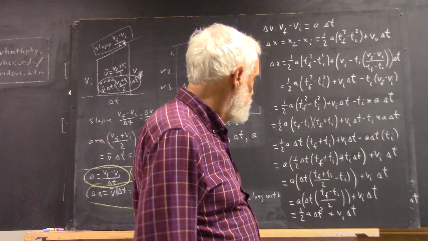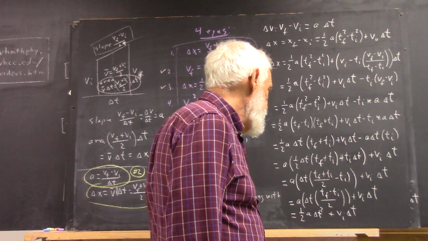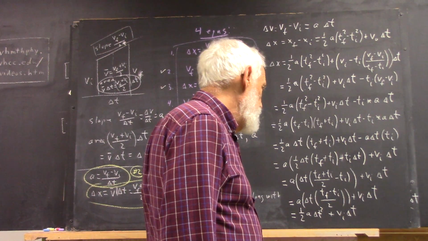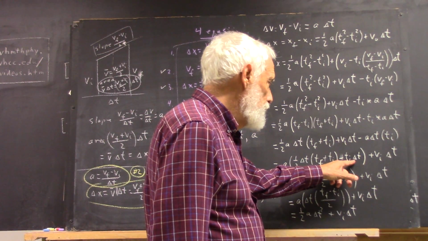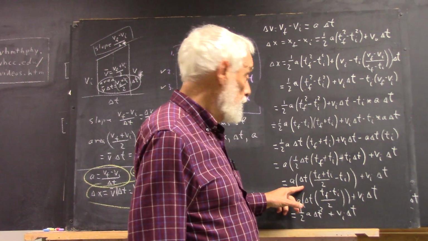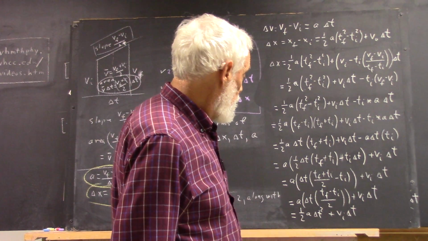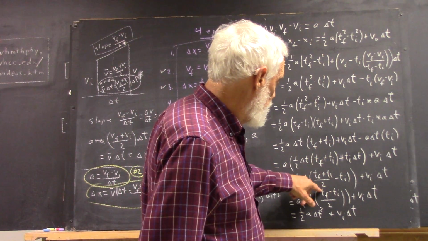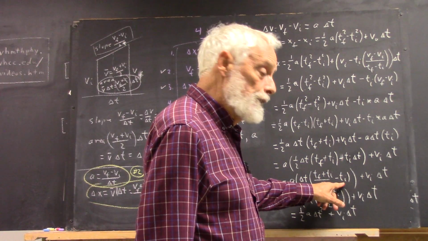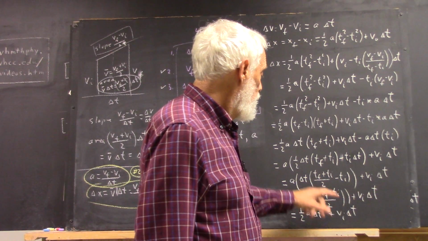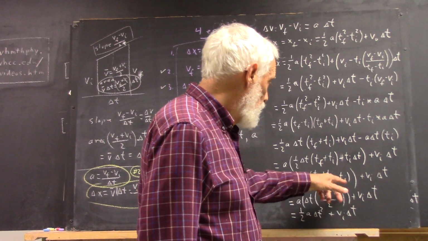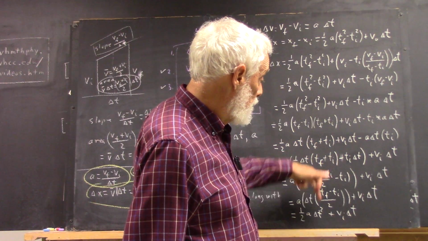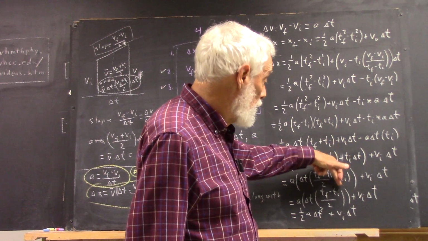Well, both of these terms have delta t's on them, so we factor out the delta t. Okay, now we'll keep the 1/2 with the tf plus ti, then we have a minus ti. We put this over a common denominator. We have tf plus ti over 2 minus 2ti over 2.